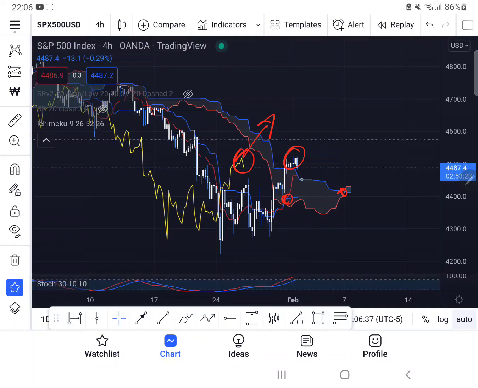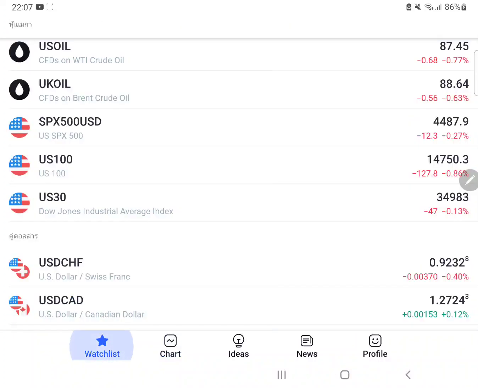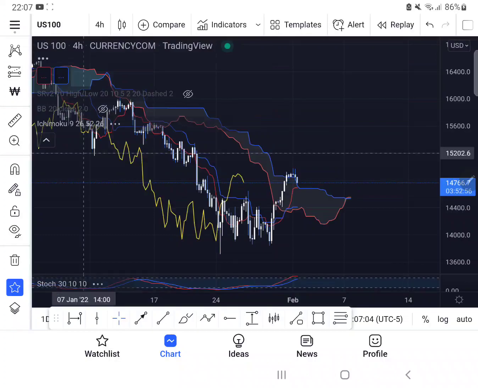The golden cross is occurring in the 4 hour time frame, but the Kijun-sen and Tenkan-sen are flat right now, and this is so thin. It can always go back into the cloud anytime, or it can be supported by the cloud and then go up. We don't know which way it's going. So S&P 500, stay away.